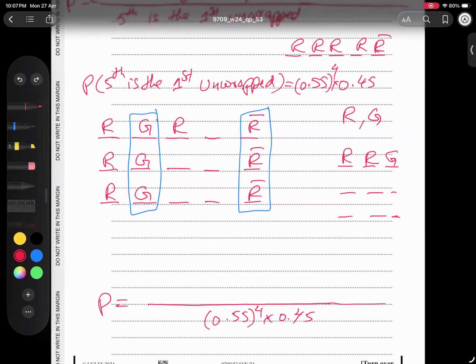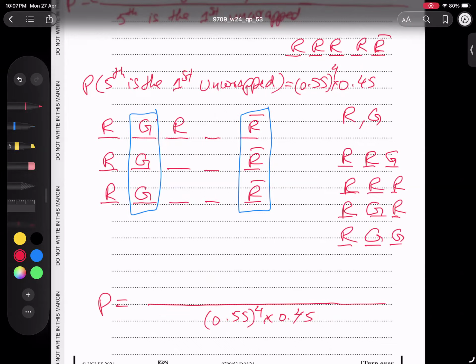Then I talk about R, R, and then R, G, and R. And one more option is there: G G, gold and gold. So it means we have 4 options, students.